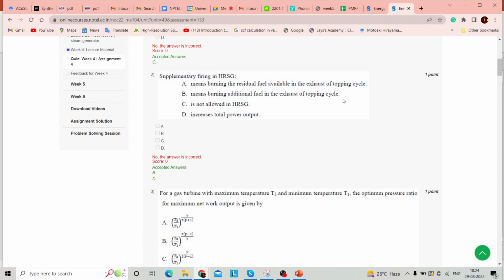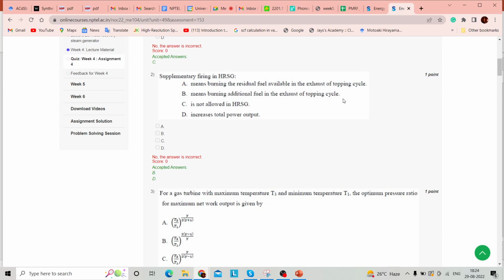Sir, I think we have got confused. Please check again, sir, because we do not have to add any additional fuel in the heat recovery steam generator, as it is used for heat recovery, not for adding further fuel. Indirectly, we recover the heat by increasing the quality of energy available at the exhaust of the topping cycle.